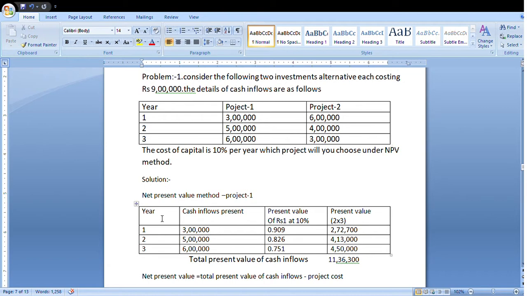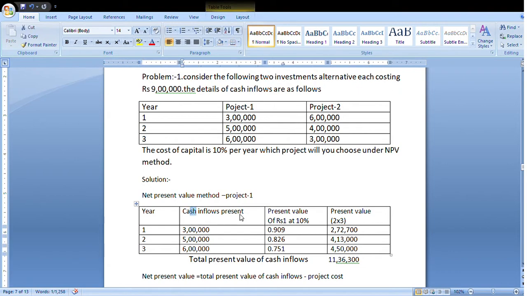First year, cash inflow is 3 lakhs. Second year, 5 lakhs. Third year, 6 lakhs. These are all given in the problem already.